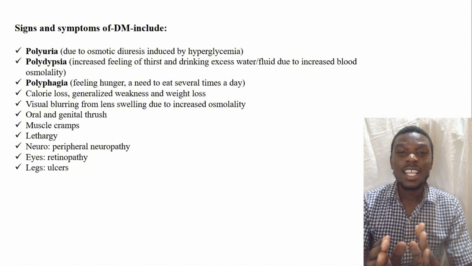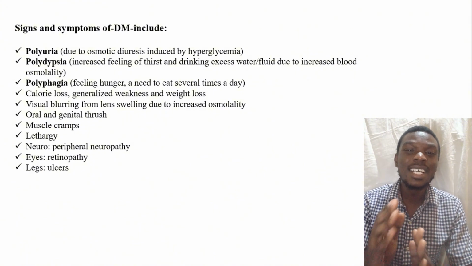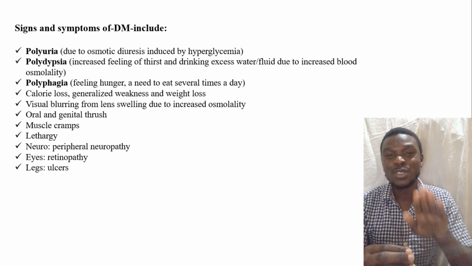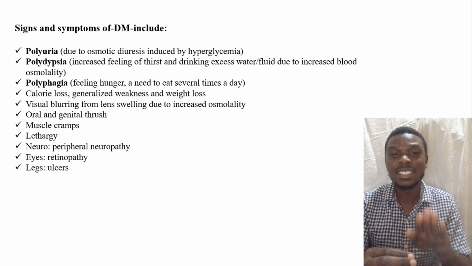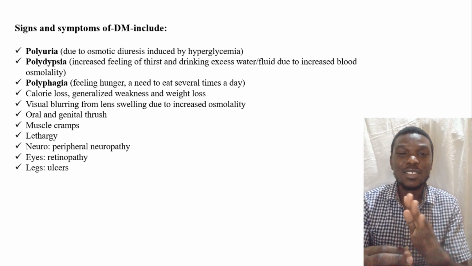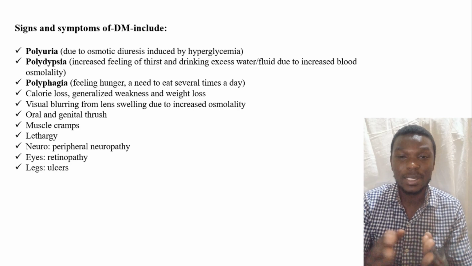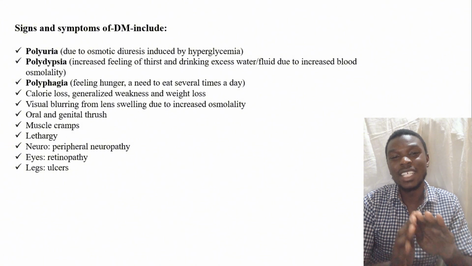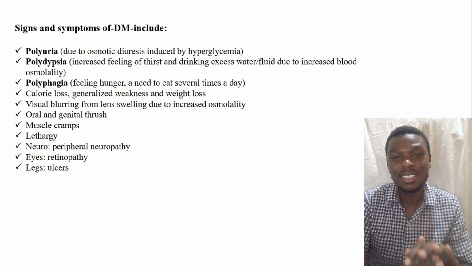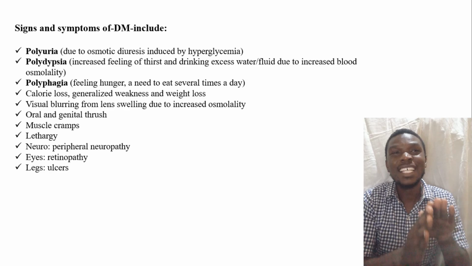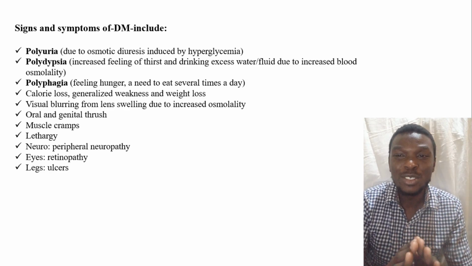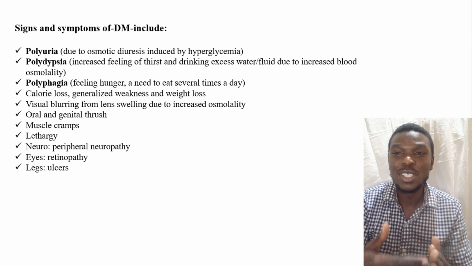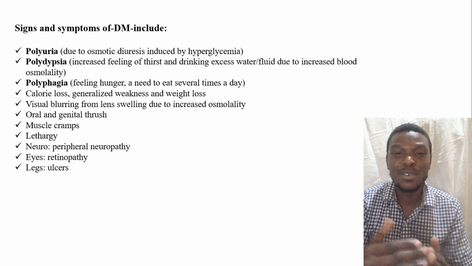So it will quickly trigger you to eat so that it doesn't touch the stored energy, because it's reserved for emergencies. This is one reason why it's very difficult to lose weight, because the body automatically wants to prevent the use of the stored energy, the stored fats. It doesn't want to play with it unless in situations where you completely need it. So as a result, it will make you want to eat more. So this is where the polyphagia is coming from.